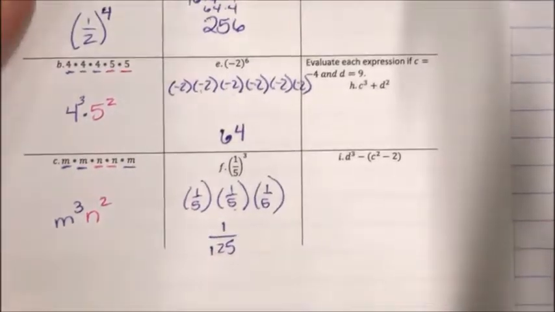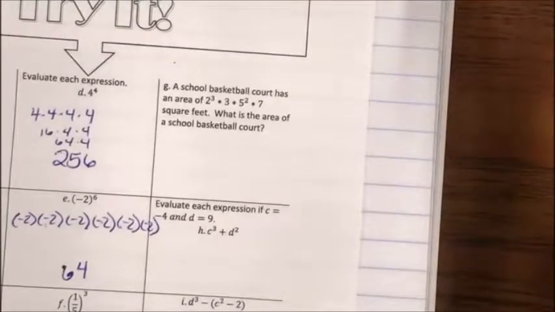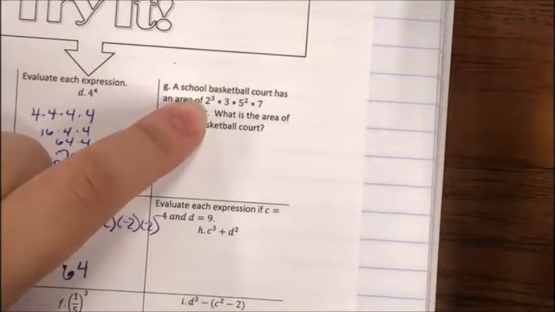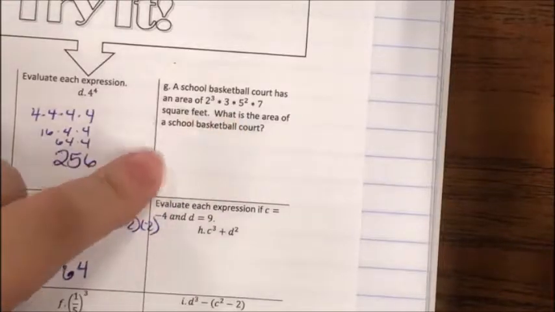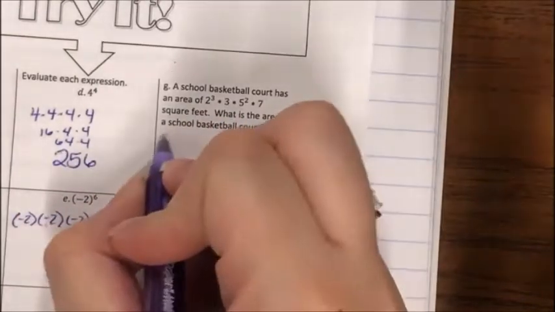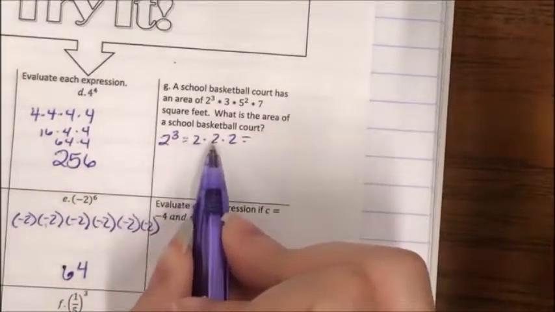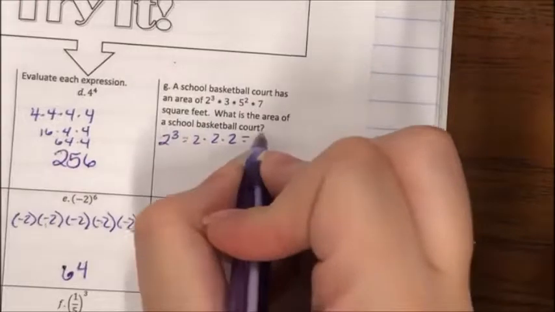For letter G, a school basketball court has an area of 2 to the third power times 3 times 5 squared times 7 square feet. What is the area of a school basketball court? So basically what I want to do is I want to evaluate 2 to the third power and 5 squared and then multiply all my numbers together. So 2 to the third power is really 2 times 2 times 2. 2 times 2 is 4. 4 times 2 is 8.